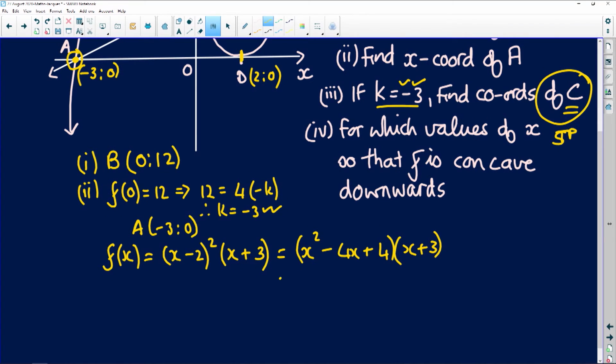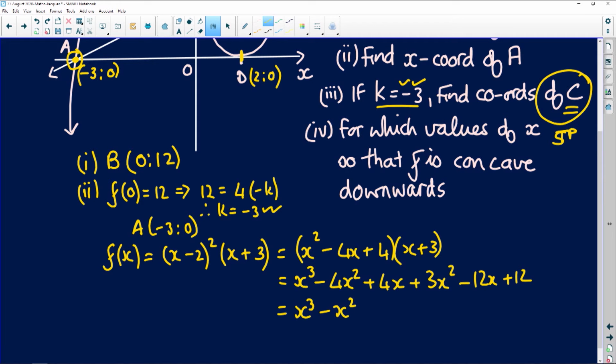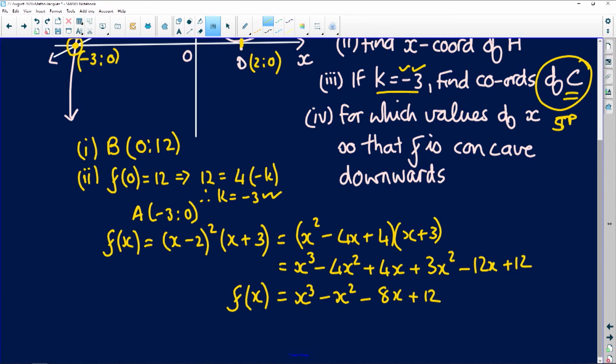If I multiply the x in, I get x cubed minus 4x squared. Now do this slowly. You don't want to make a silly mistake here. Plus 3x squared minus 12x plus 12. We have x cubed minus x squared over here, and if I add those two, minus 8x plus 12. Okay, so I've checked and we are 100% correct with our multiplication over here.